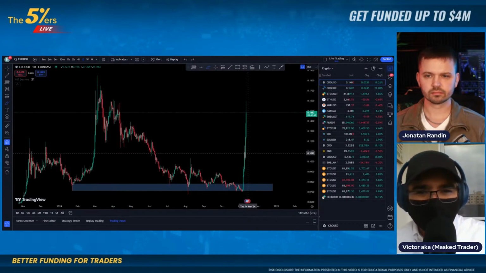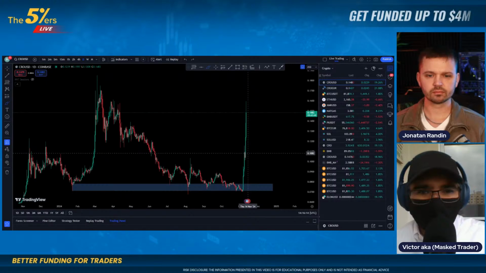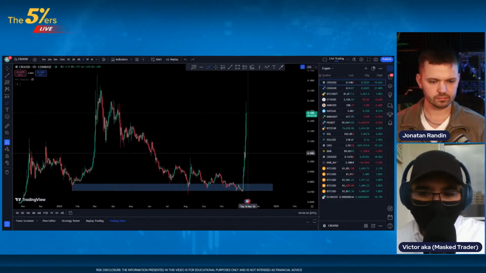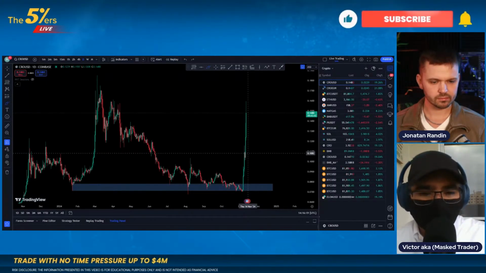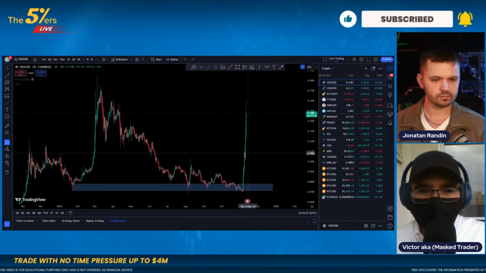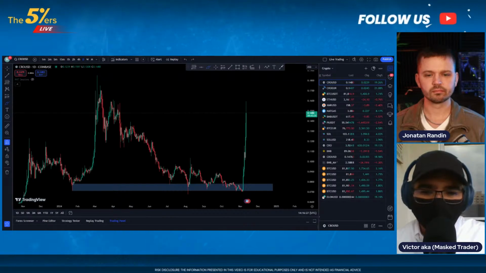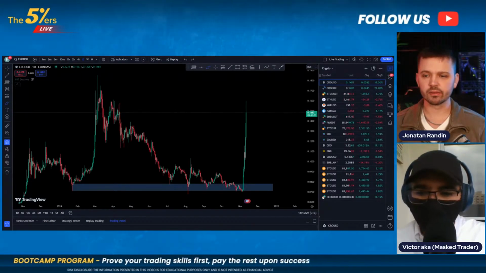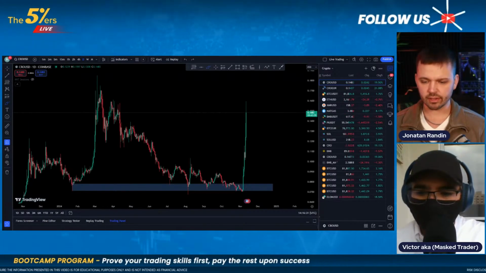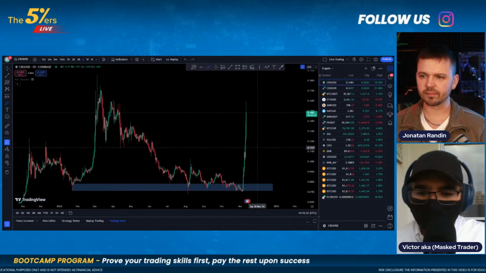They're only 3.9 billion compared to Binance, which is almost 90 billion. So there's a lot of room there for them to capture share of the market, so to speak. Yeah, no, I think you're definitely onto something there.